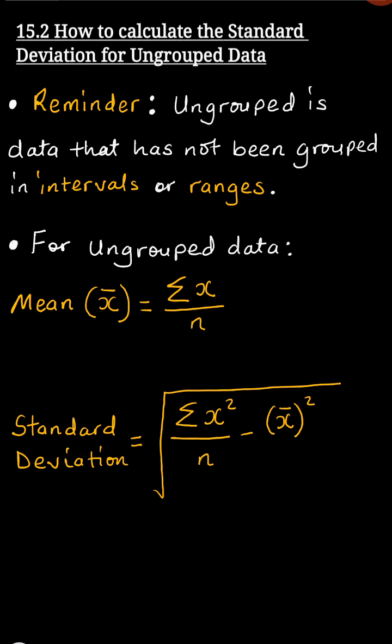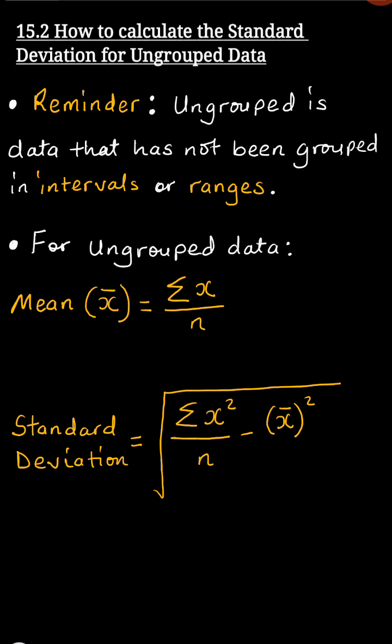In the first lesson, we learned about two types of data. We saw that in statistics, we deal with either grouped data or ungrouped data.